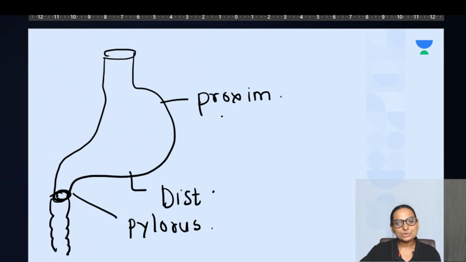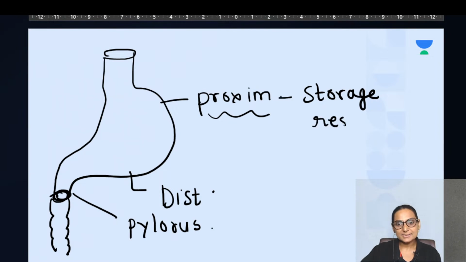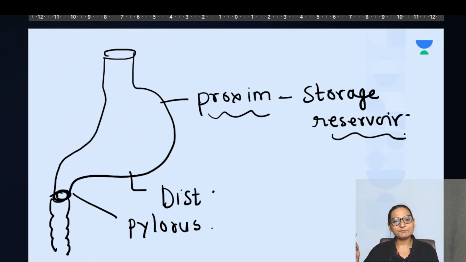The main function of the proximal part of the stomach is storage, or it is a reservoir of food. How does it store the food?